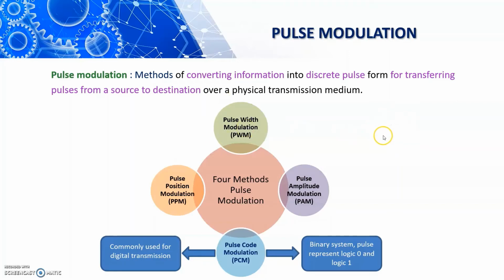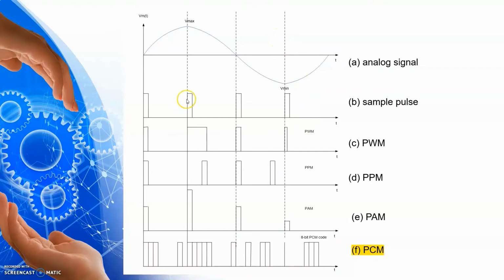Now we go through an example of these 4 methods of pulse modulation. You can see from this diagram, this is the analog signal or information signal. What we want to do is convert this analog signal into a digital signal, and these are the methods that can be used. This is the sample pulse.